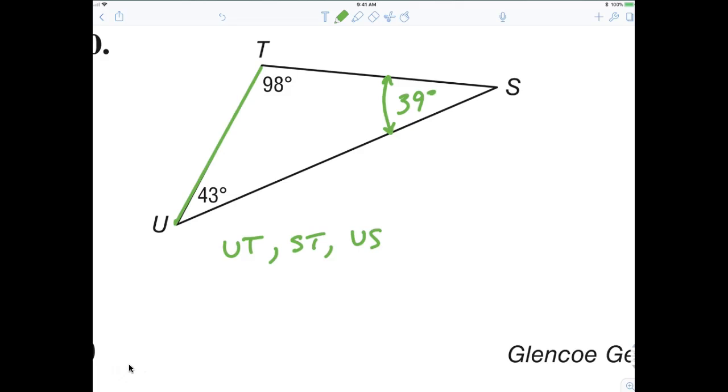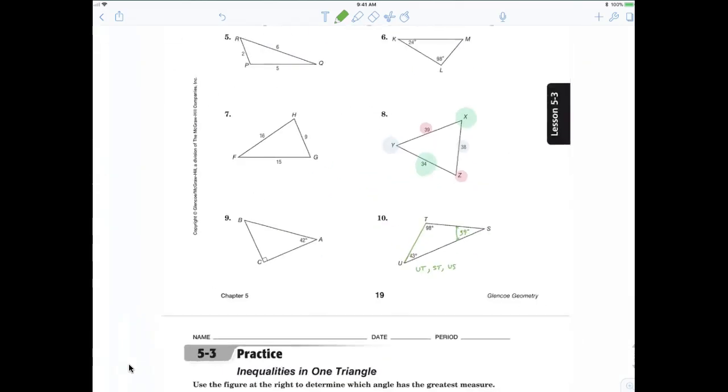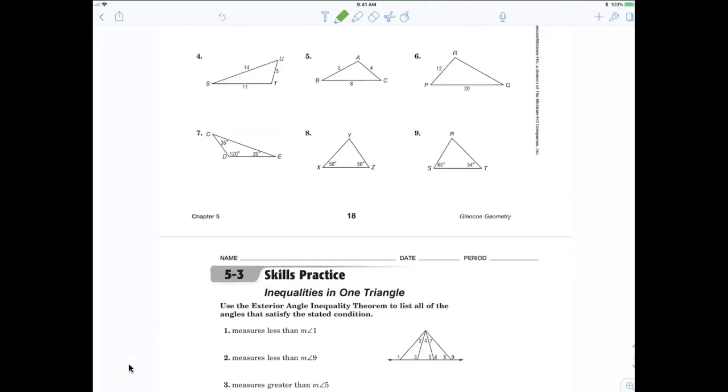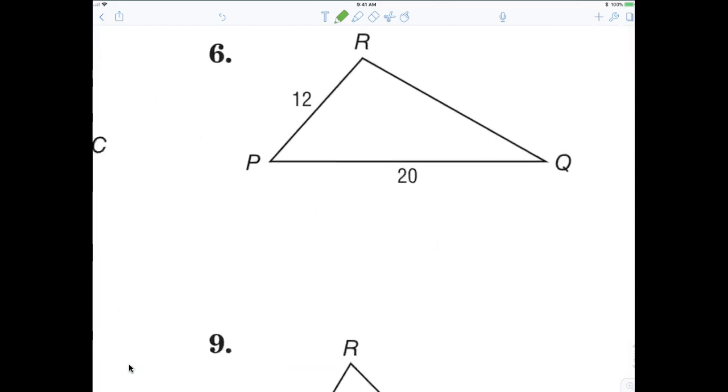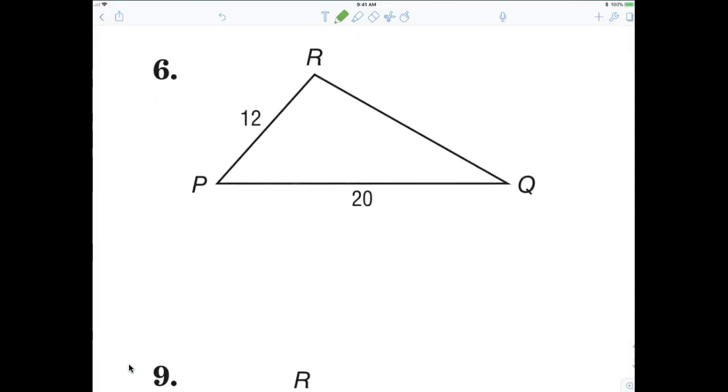Number 6 on the page. I just don't know how to find out this. This is the one I was asking you about. You asked me about this, so tell me how you got it. I think you told me to do it visually.